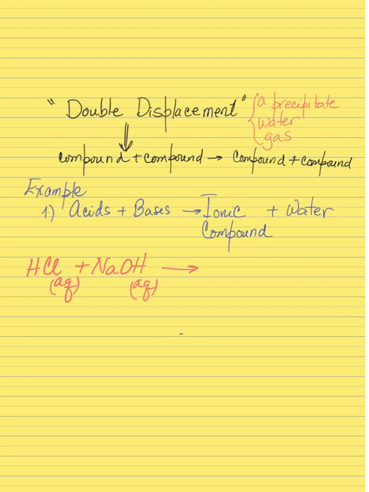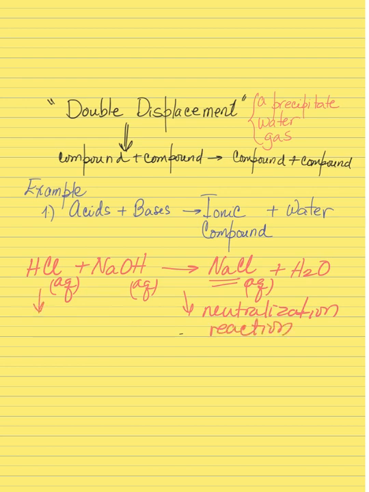Sodium is going to combine with chlorine in an aqueous medium because this one is soluble in water, and then water is going to form. We call this in chemistry a neutralization reaction, because you have an acid reacting with a base, and most of the time the pH that you have at the end is a neutral one. We call that a neutralization reaction, okay?